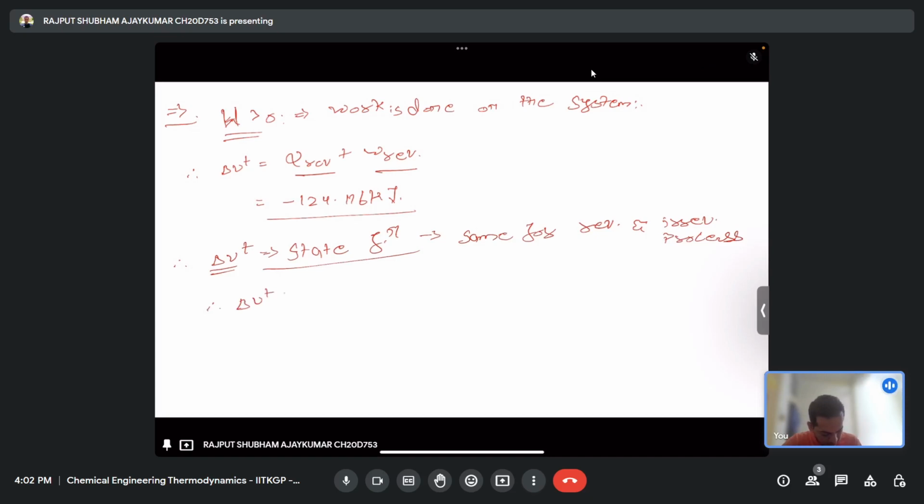Therefore delta U equals Q irreversible plus W irreversible.